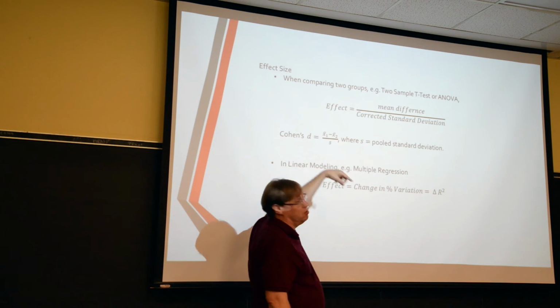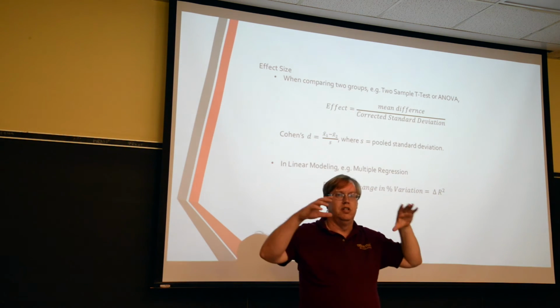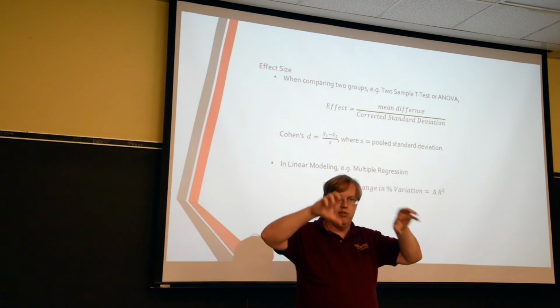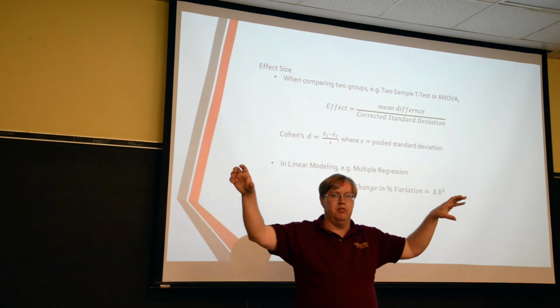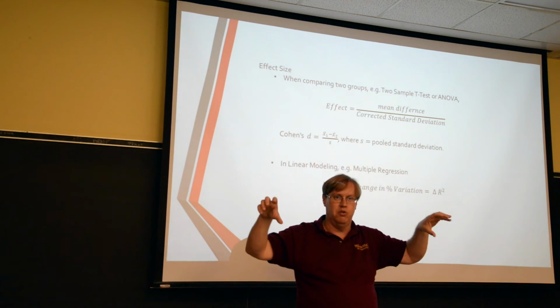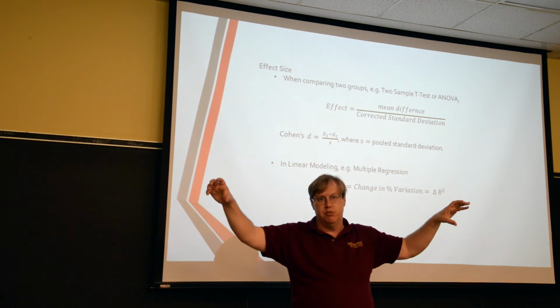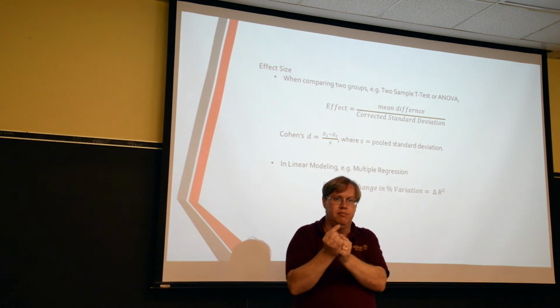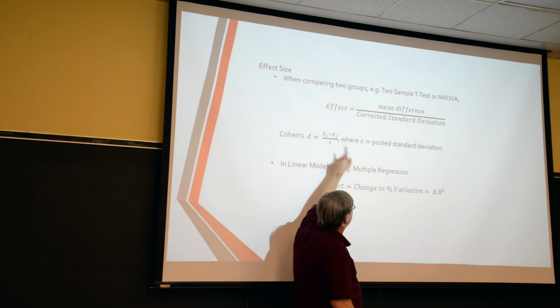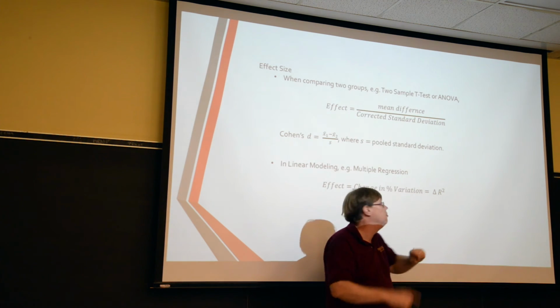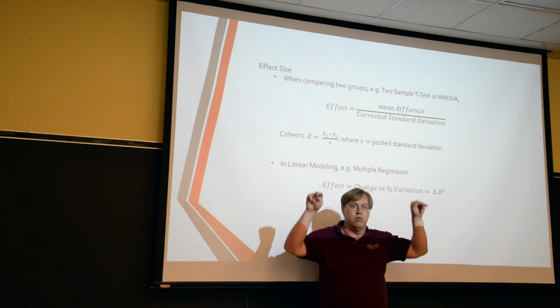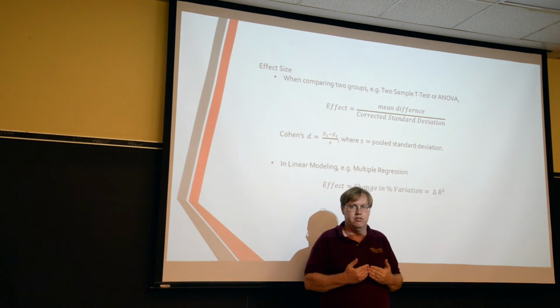If we're comparing two groups, this might be a simple control and treatment situation, or it might be a K sample where we're doing an ANOVA or an ANCOVA with, say, 5 groups, but we're comparing them 2 at a time. Then the effect would be the mean difference between the two groups divided by a corrected standard deviation.